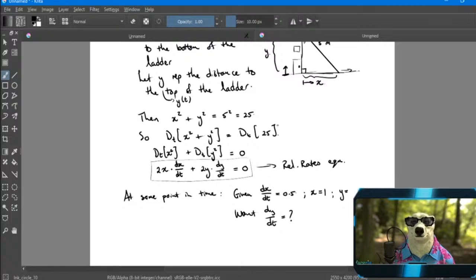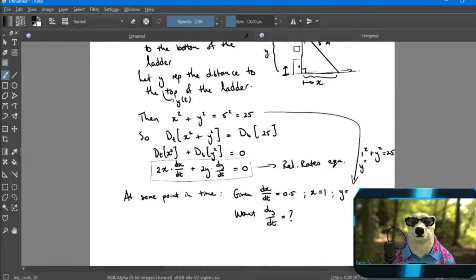I can find the value for y by looking at the original equation relating x and y. I can solve for y here or plug in the x value. Let's do it on this side here. So 1 squared plus y squared equals 25.